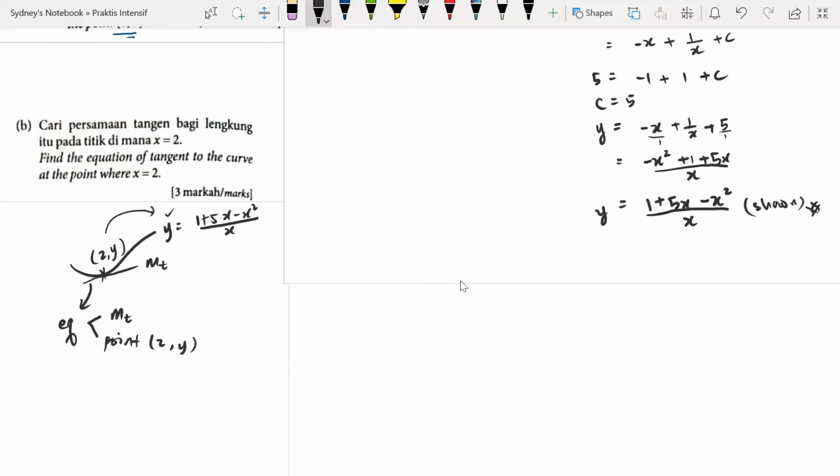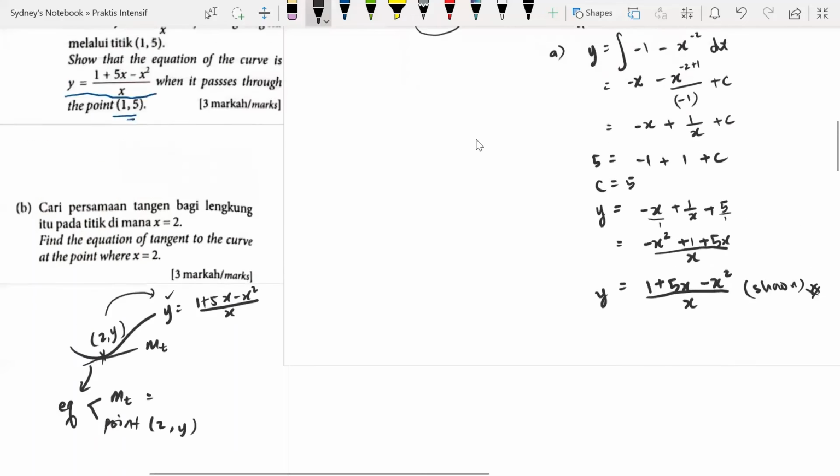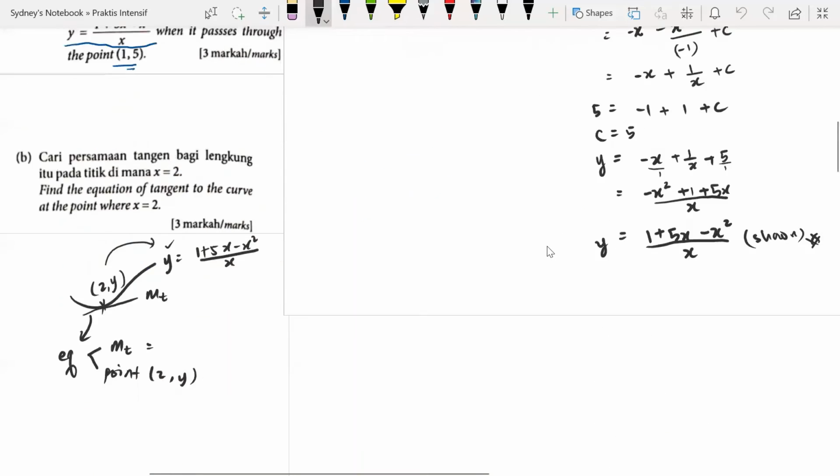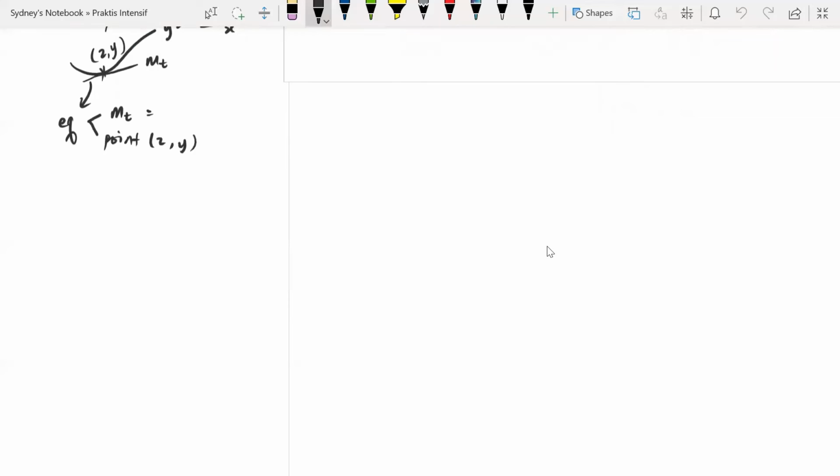So how do we find them? For the gradient of tangent, we don't have to differentiate because it's already given from the start. We have the gradient of normal, and therefore the gradient of tangent will be negative x squared plus 1 over x squared. So let's find the gradient of tangent.